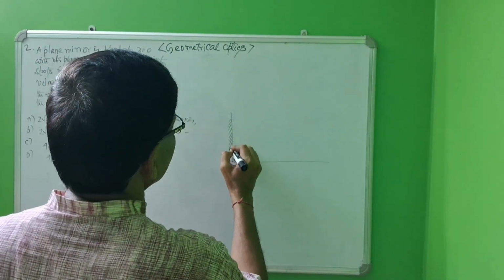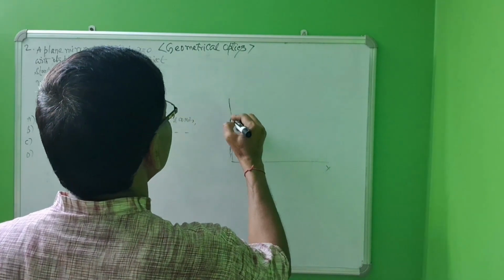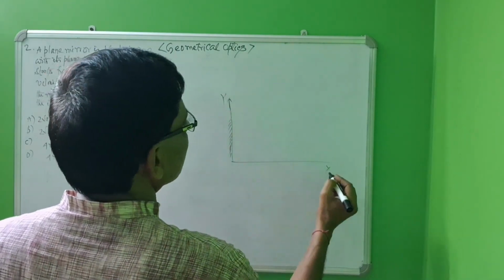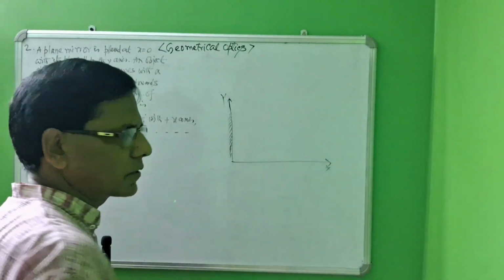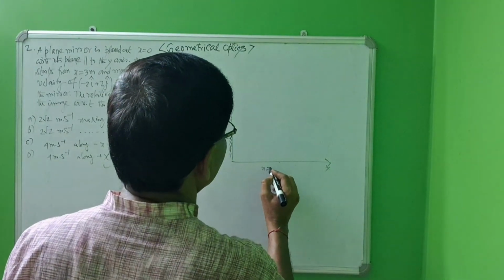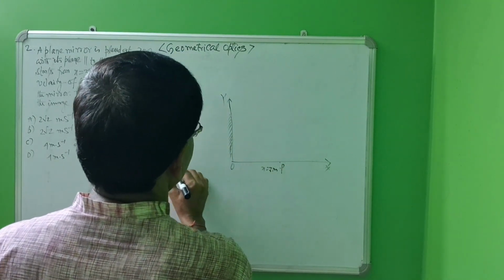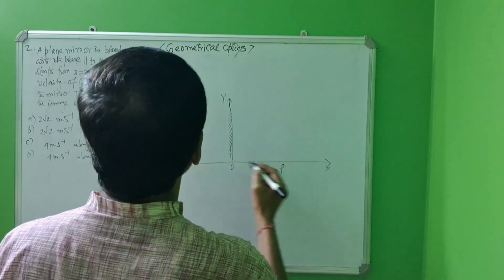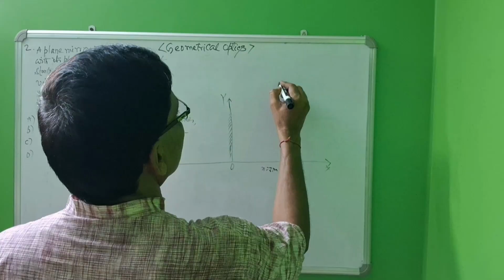Suppose there is a mirror at x equal to 0 standing parallel to the y-axis. Here at 3 meter, x equal to 3 meter. Suppose there is a velocity which is minus 2i plus 2j.